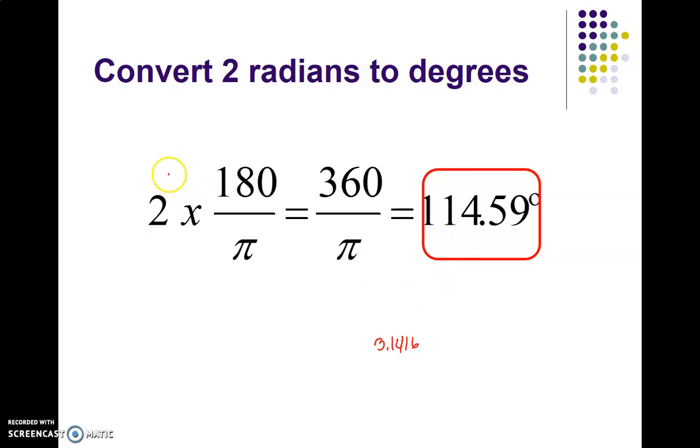So whatever the given value, if it is in radian form, you're still going to multiply by 180 degrees over pi, and then you convert the pi into 3.14 or 3.1416, and then divide. That will give you the result. Okay? Thank you so much, and have a nice day to everyone.